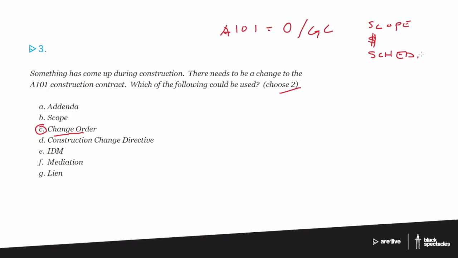So if you have a change in paint color and the second color is more expensive, but it doesn't take any longer, then you would say 0 change to schedule. You'd still put it in even though it was a 0 days change. But then the dollar amount would change and the scope obviously would change to the other paint color. It could be the exact same thing the other way, where maybe the paints are the same price, but it's going to take 2 weeks to order the second color of paint.